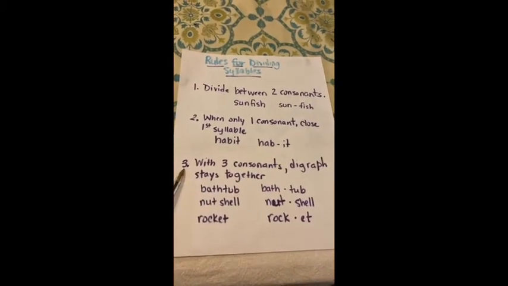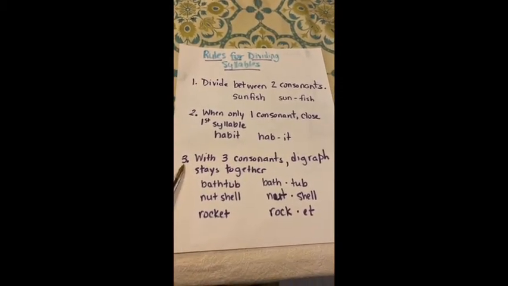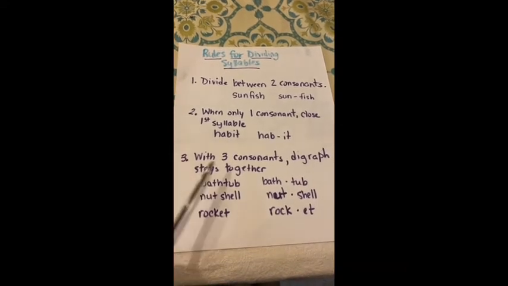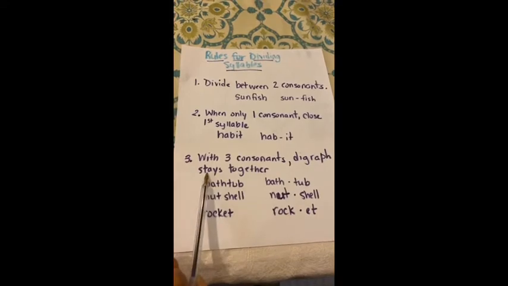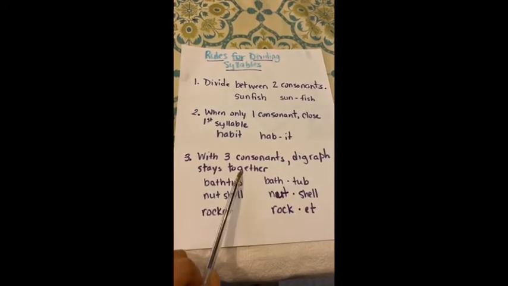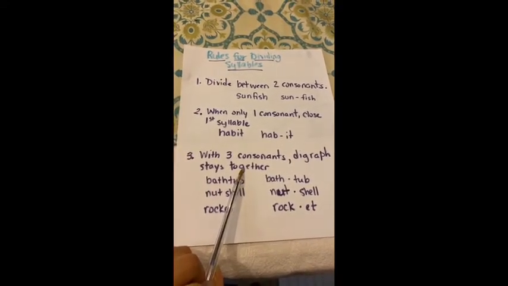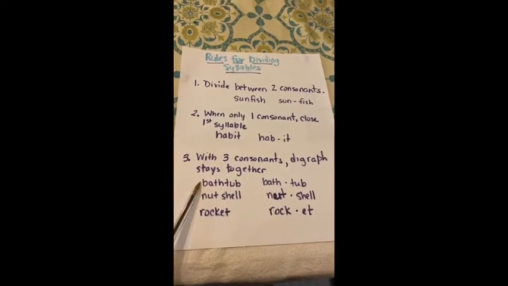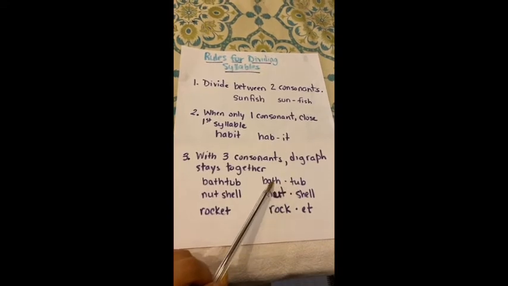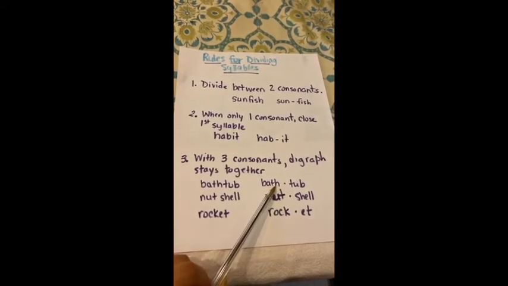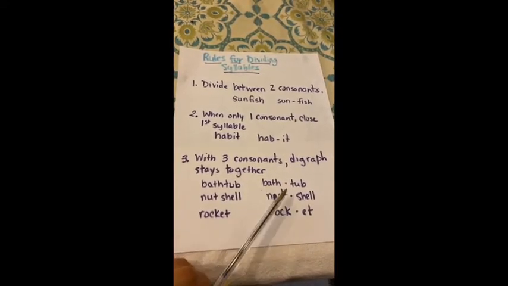The third rule for dividing syllables that we learned is that when there are 3 consonants, we will keep the digraph together. So the digraph stays together. So for example, if we have bathtub, we'll divide between the TH and the T. So we'll keep our digraph together and separate it.